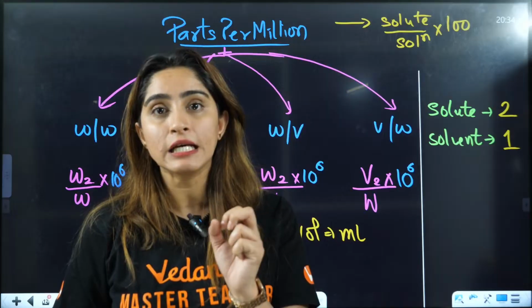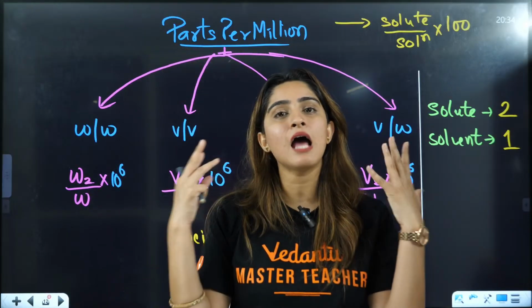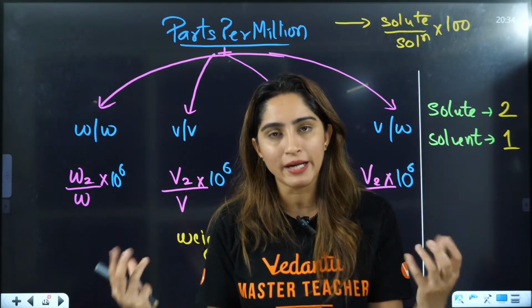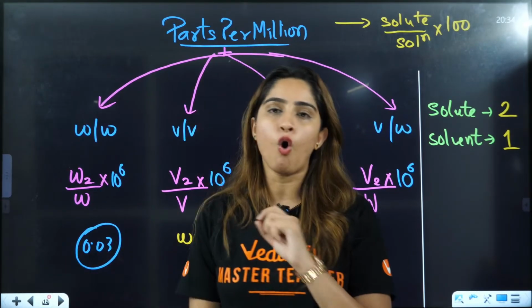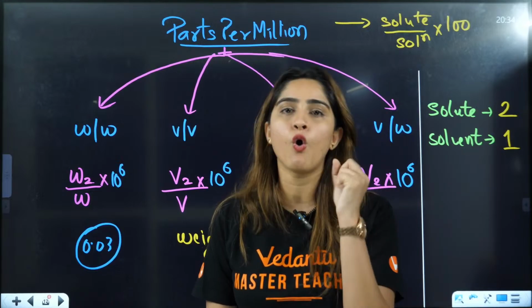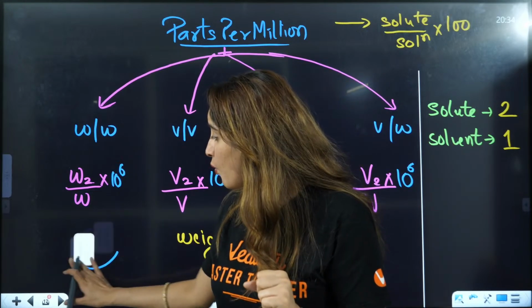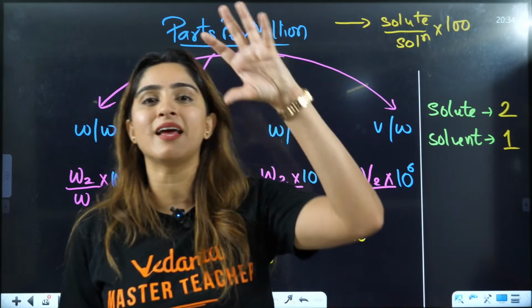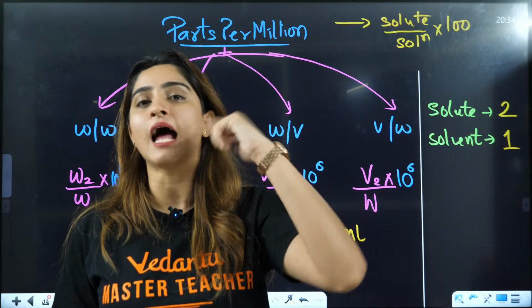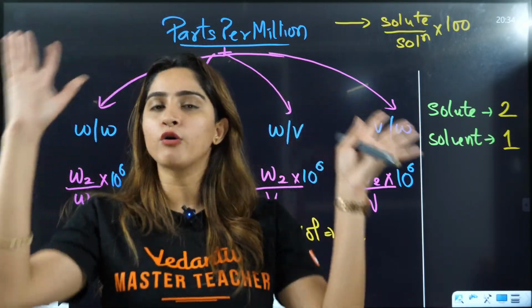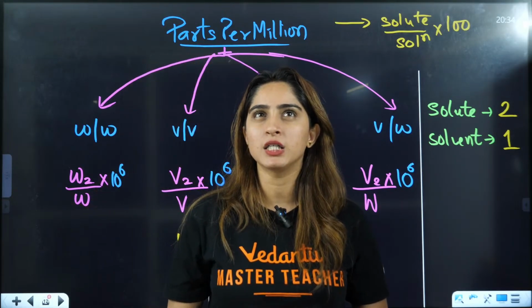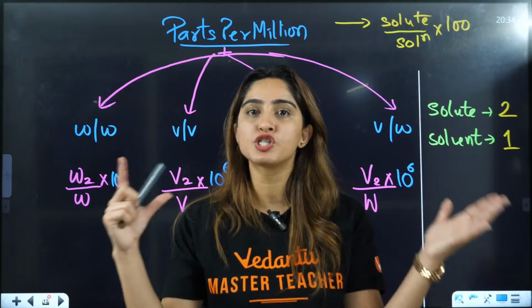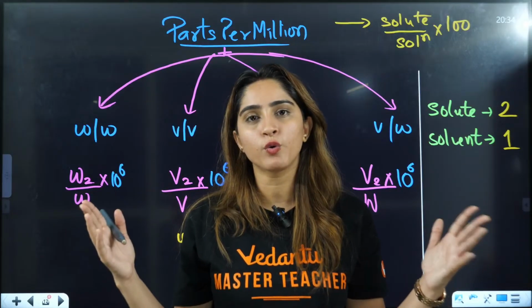Now, see one thing, ma'am, why do we need to calculate in million? Where is this needed? In our atmosphere, in our environment, you have only 0.03% of carbon dioxide. That is a very low amount. So in cases where the percentage is very small, let's say you have one ocean, or even one simple lake, with so much water.